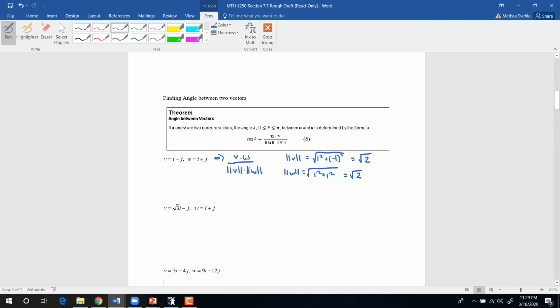So when I do dot product here, we actually did the dot product, I think it was 0. Yeah, it was. But let's just do it again. So remember for this one here, I'm going to do 1 times 1 plus -1 times 1.